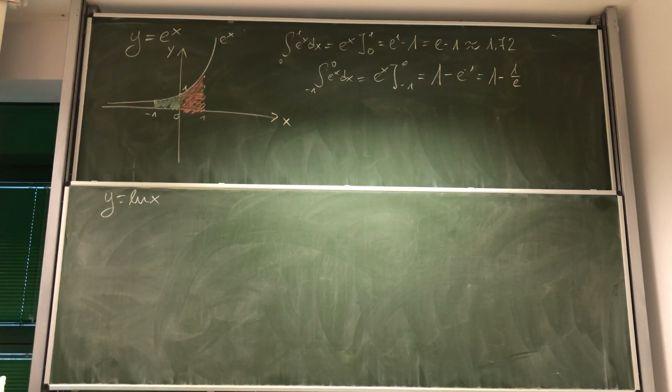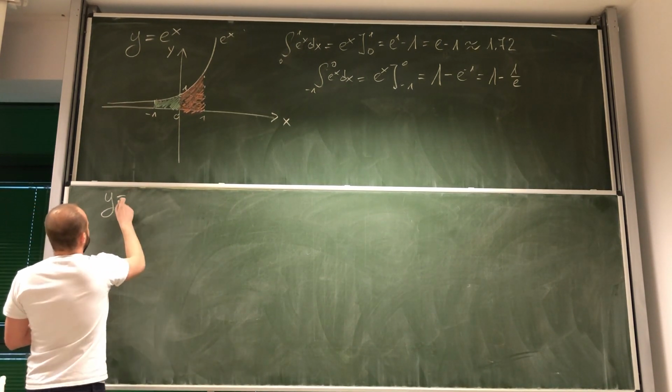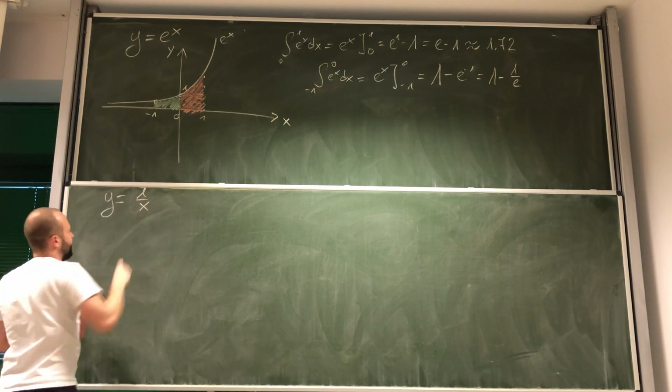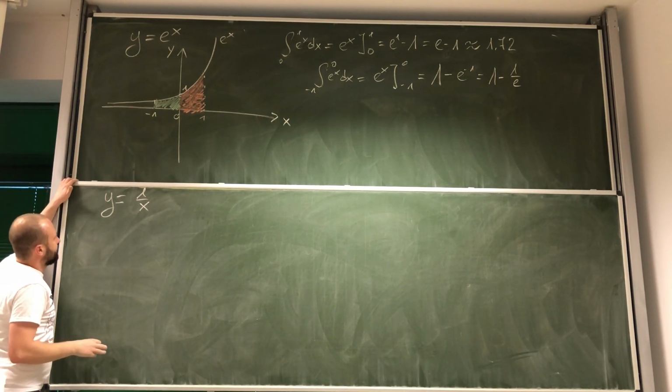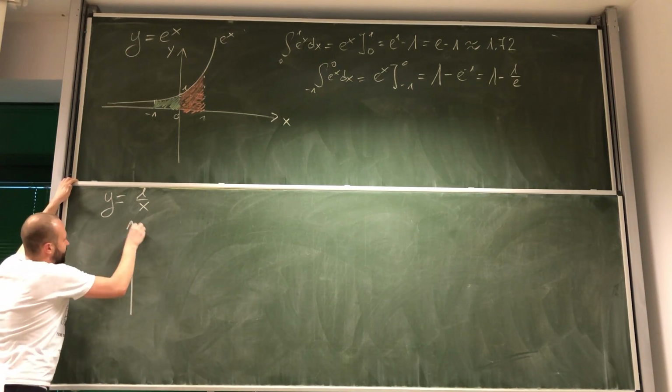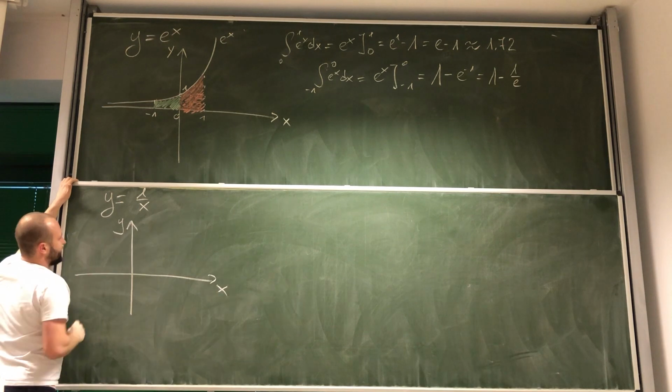No, wait. Oh, we need to start with 1 over x to get to ln x, of course. Okay, 1 over x. Okay, so this function looks like that.